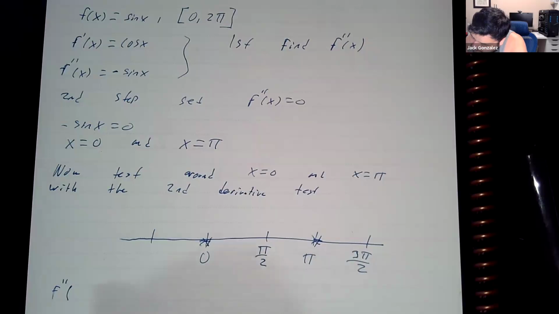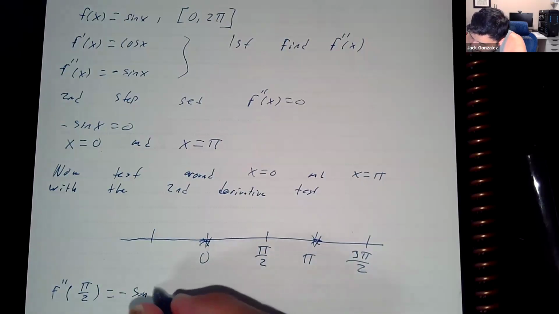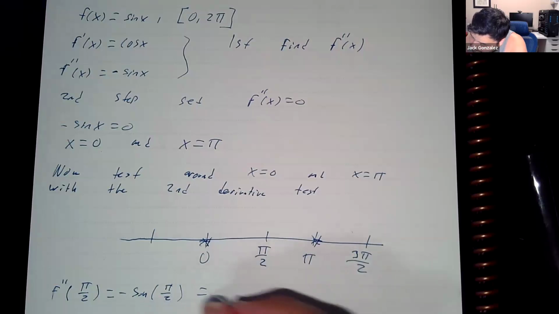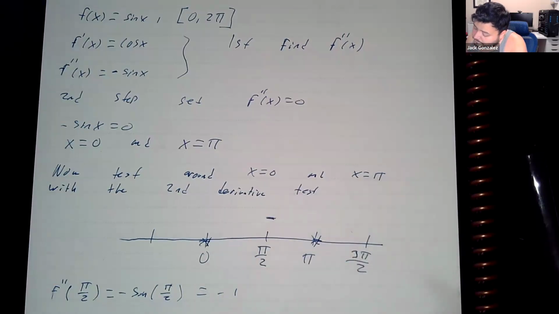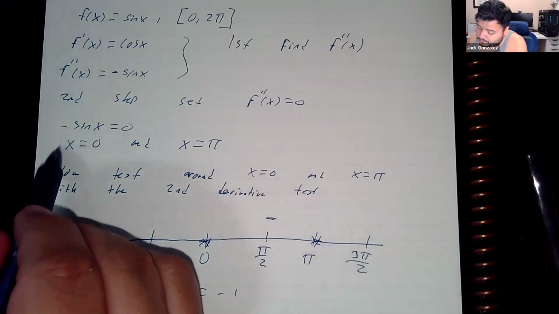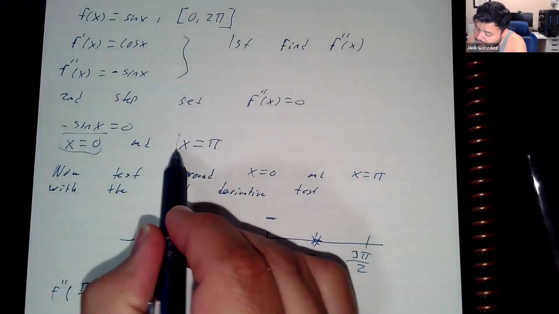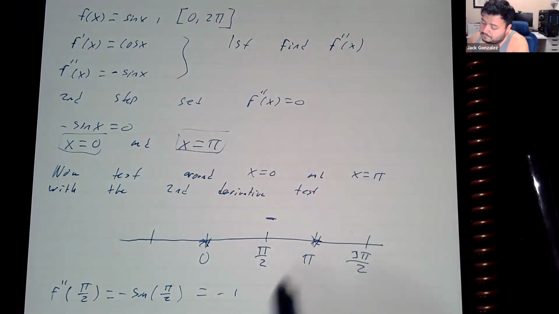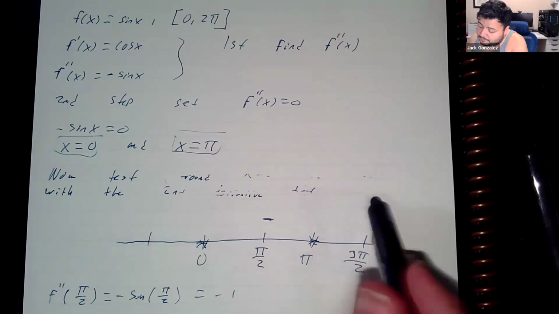So f double prime at pi over 2. We got a negative sine at pi over 2, which would be -1. Oh, wait, hold on. I went too far. All they said was find the point of inflection. So that's this right here. Not bad. We don't have to find the concavity.